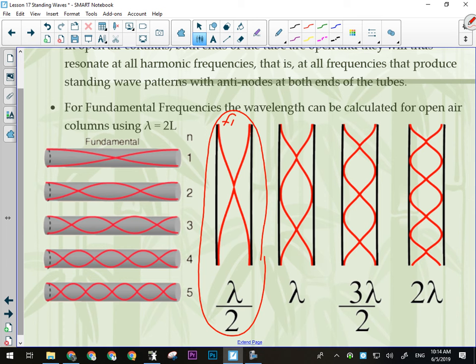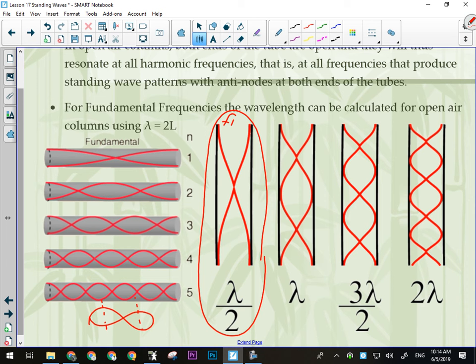Half. There's half a wavelength in the tube. Remember, an entire wavelength looks like this. That's an entire wavelength. That's a quarter, that's a quarter. The distance between them is a half, and that's exactly what we see inside of there. Everybody okay with that?